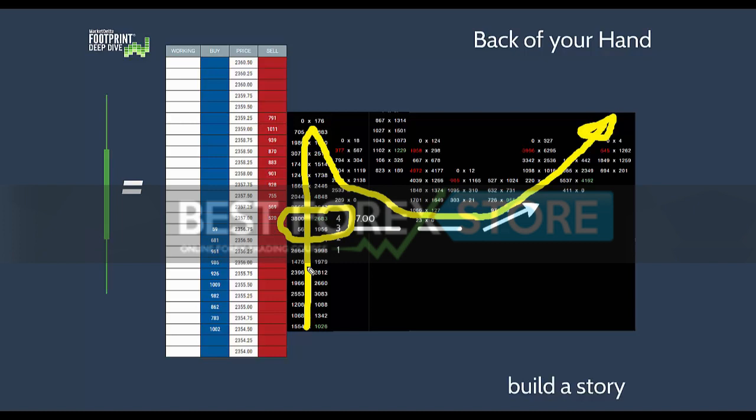Some are good at it, some are okay, but most people will do it before the session starts. How about after the session starts, as the session's trading in real time? How good are you at adjusting and recognizing where near-term support and resistance could be because it just happened after the game started?